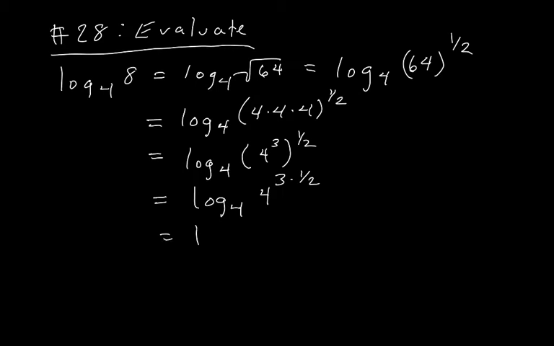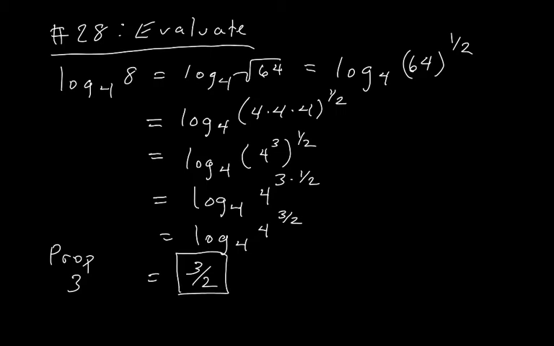So that becomes log base 4 of 4 to the 3/2. And now we can apply property 3 yet again to get us a final answer of 3/2. So you see property 3 arising a lot in these types of problems. All right, well that concludes the evaluation section.